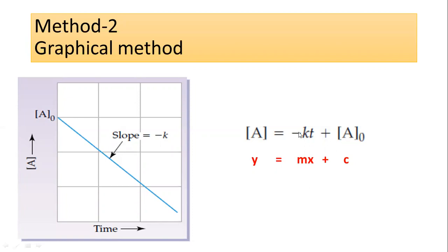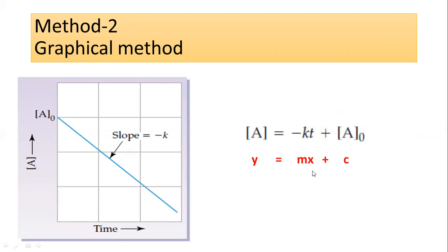So again, if the value of K remains constant, then it shows this is a zero order reaction, and this way of explanation is called the integration method because we are using the integrated equation.